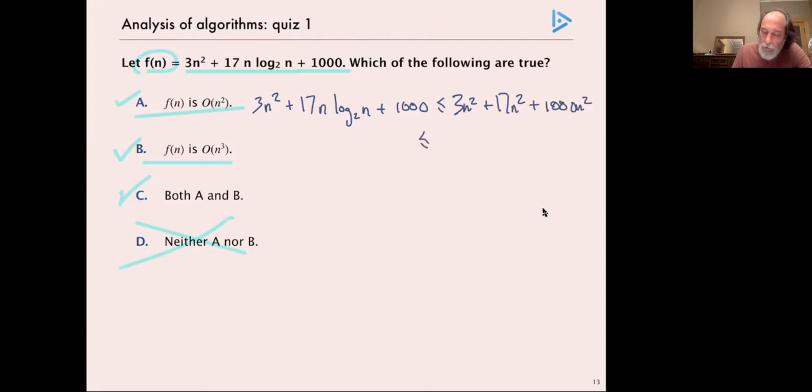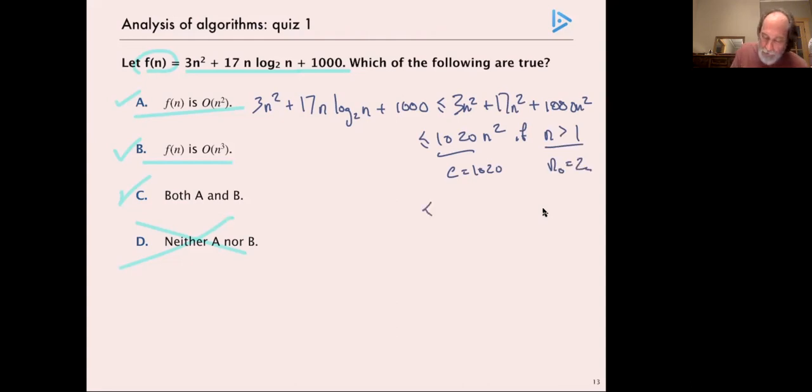So that's at most 1,020 n squared if n is larger than 1. I think we might need strictly larger here because of the log, but okay. So that's our definition of being big O of n squared, right? That's c is 1020, n naught we'll call it 2. Okay.